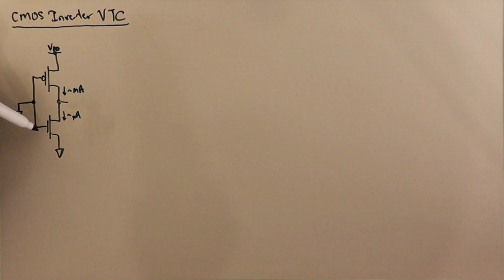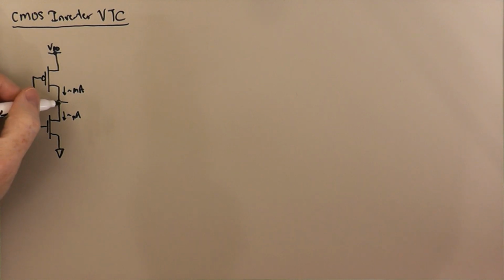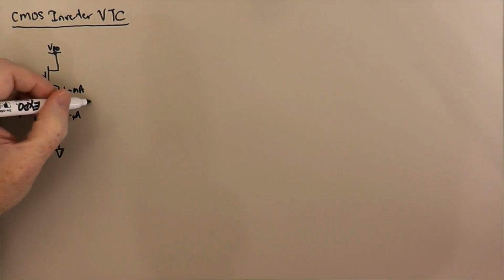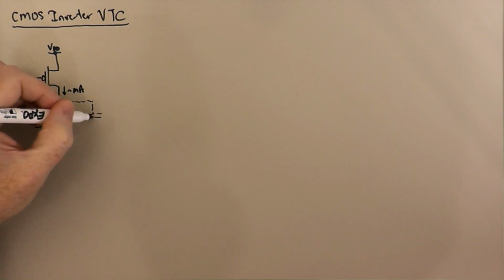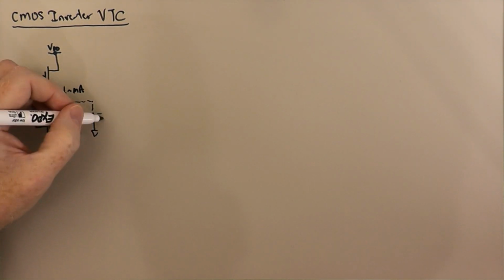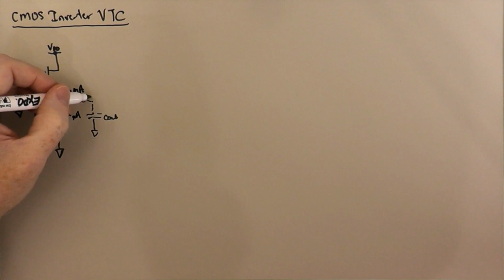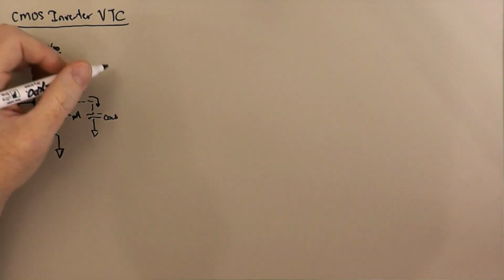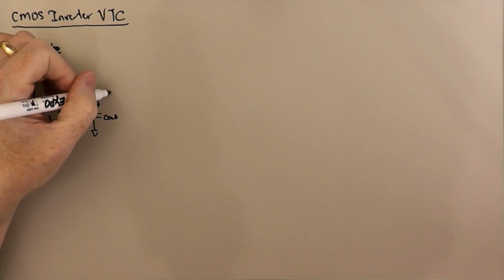Presumably this device is saturated with a saturation current on the order of picoamps. So where is it going to go? Well, the answer, of course, is it's going to go into charging up the parasitic capacitance here at the output node. So that current's going to go into a plus C dV out dt.